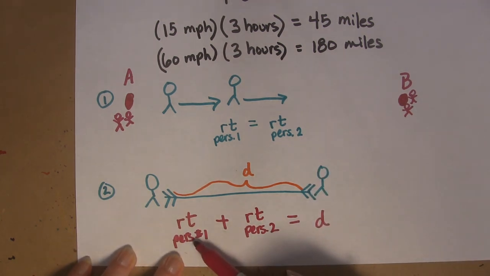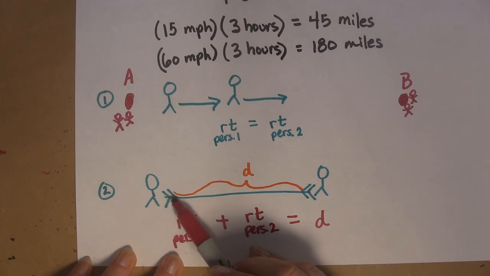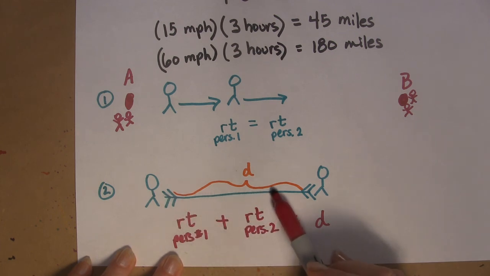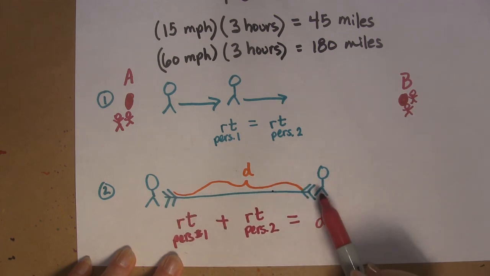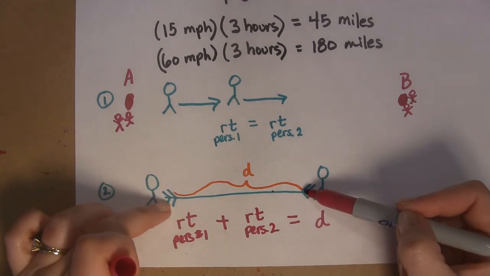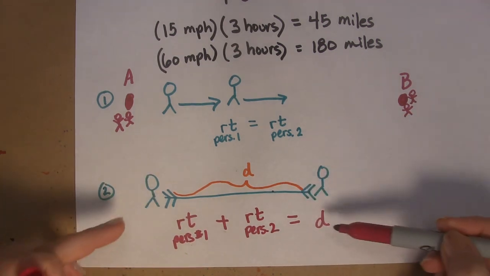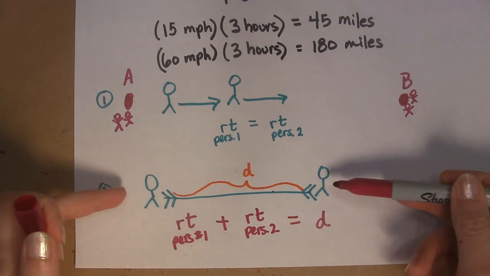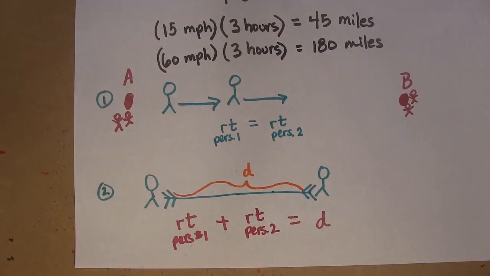So rate times time, or distance of person one, plus the rate times time of person two, the distance they travel, all together has to equal this total distance. And so this is the formula that we use when people are coming towards each other.